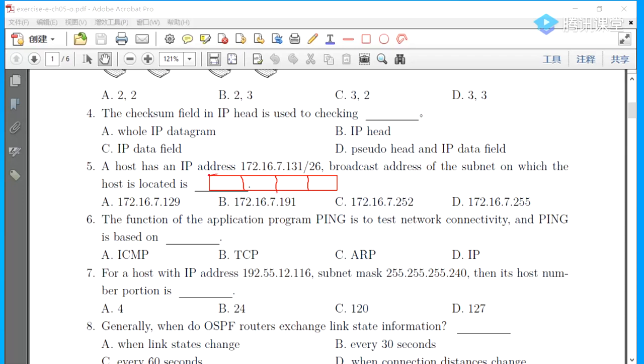So the first 3 bytes is 24 bits, right? But here, /26, that means the prefix has 2 more 1 bits here.